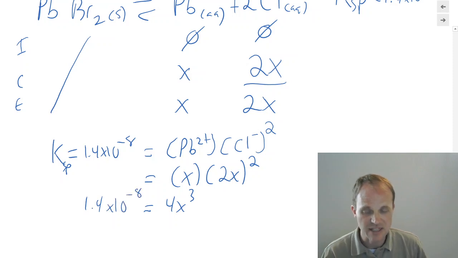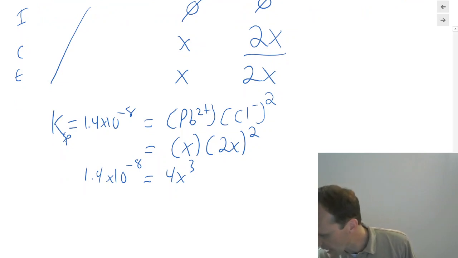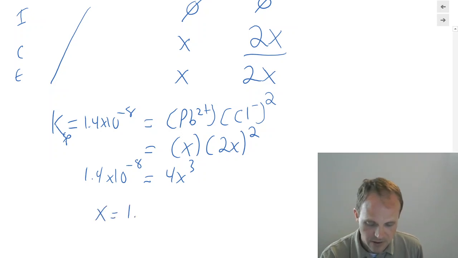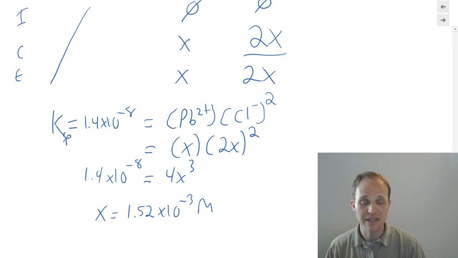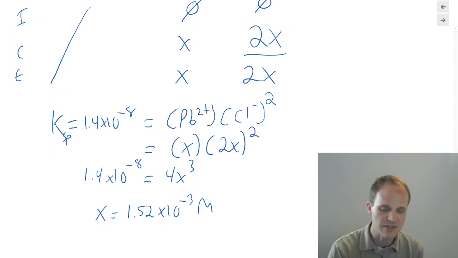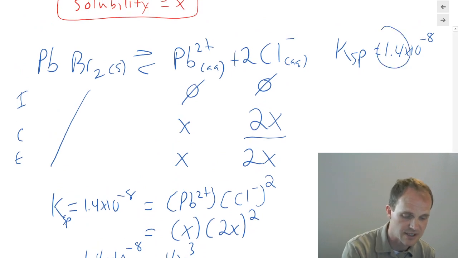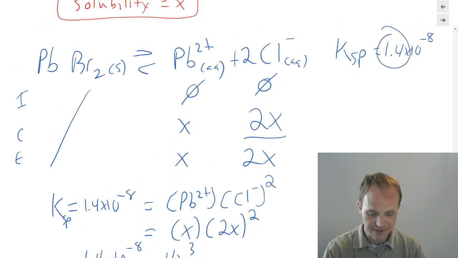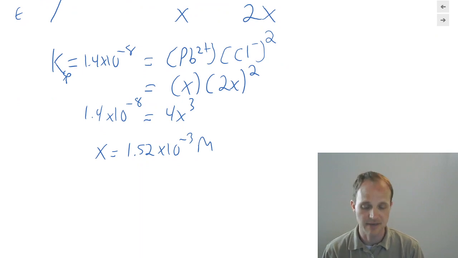We divide both sides by 4, take the cube root on your calculator, and you get that x is equal to 1.52 times 10 to the minus 3rd molar. That's what we call the solubility. So the solubility is 1.52 times 10 to the minus 3rd molar. Again, probably 2 sig figs, since we only had 2 sig figs in our KSP value. So 1.5 times 10 to the minus 3rd molar.